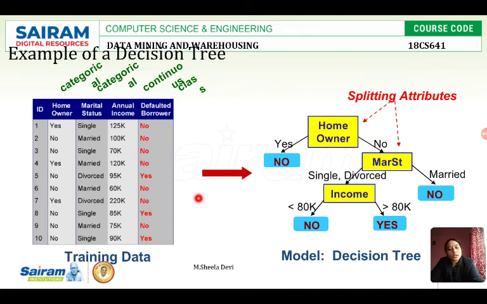If the vegetable is green in color, has a stem, and has a large number of leaves, then we will consider it a green leafy vegetable. How many properties am I taking? Three properties. Similarly, to classify defaulted and non-defaulted borrowers, we need three properties: homeowner, marital status, and annual income.